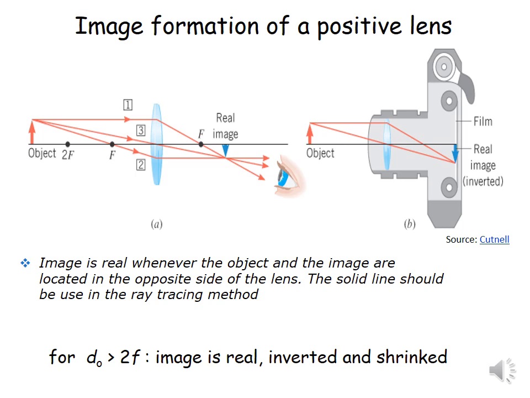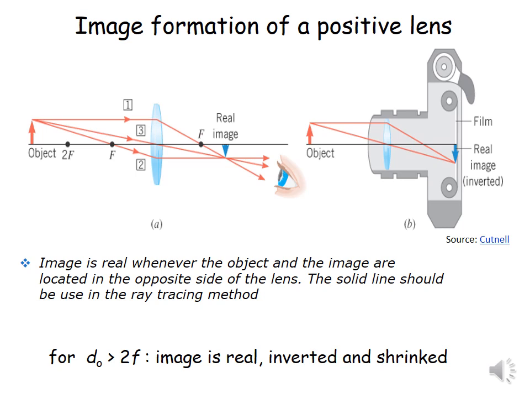Using the first rule, the incoming ray, which is parallel to the main axis, will be refracted to the focal point, and the incoming ray, which is aimed to the focal point, will be refracted parallel to the main axis, and the incoming ray, which passes the center of the lens, will be refracted following the same path.